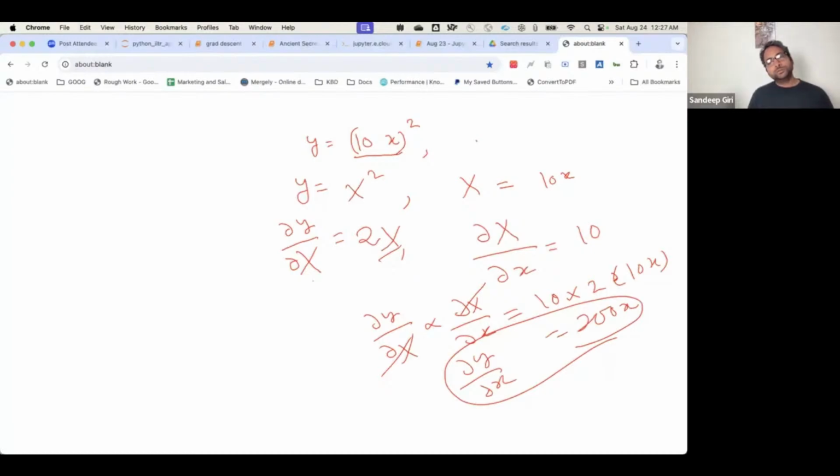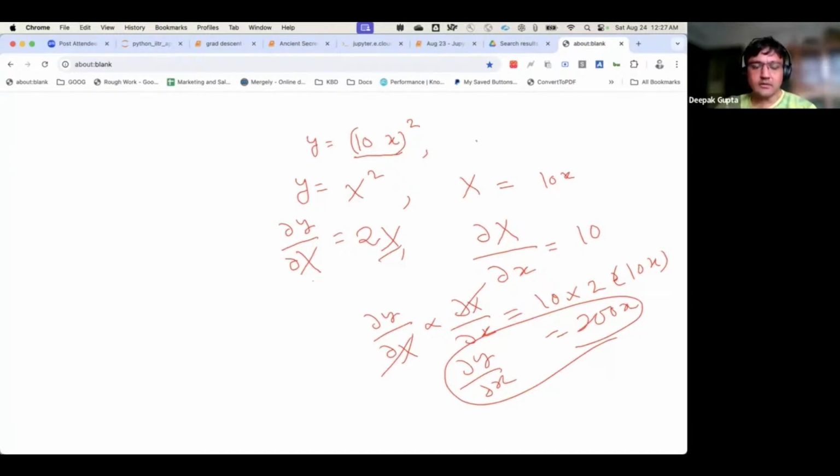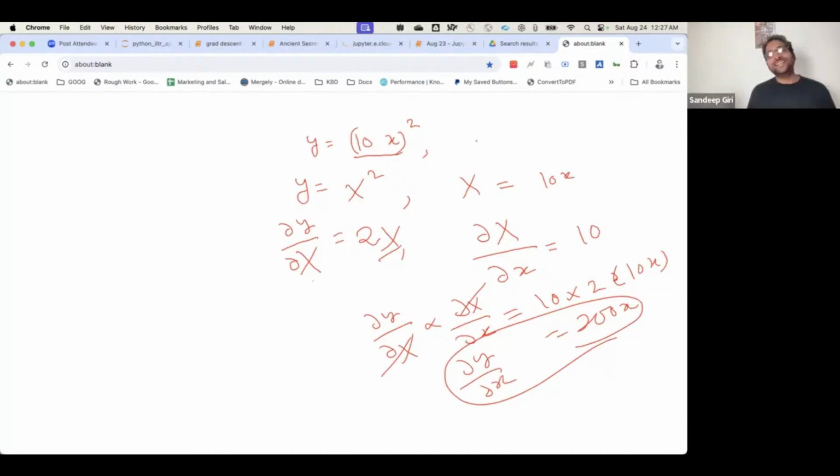Chain rule, remember that whatever is there in the brackets, we usually just do it twice of 10 times x, and then times the derivative of the inside. That's how you do it.